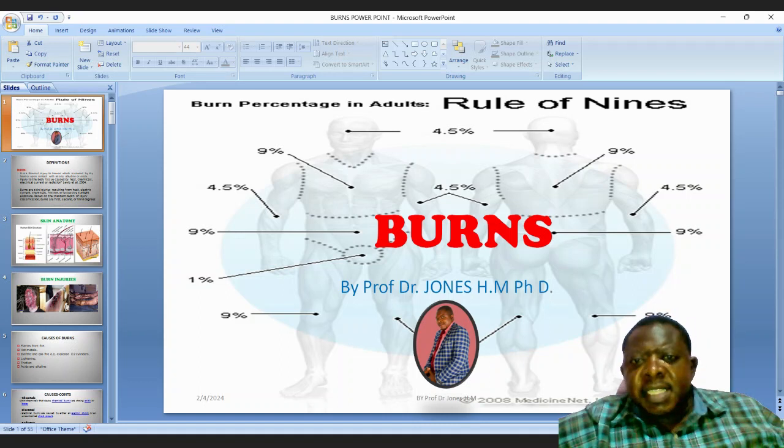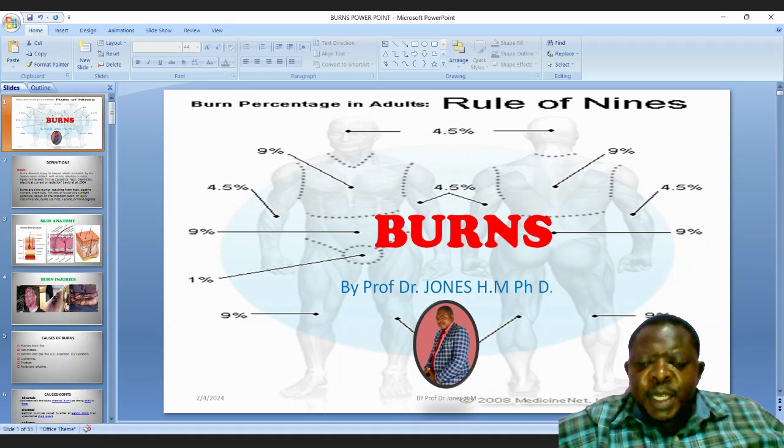The specific objective of this lesson is for you to know the definition of burns, the skin anatomy in relation to burns, and the classification of burns, for you to understand the different classifications of burns, the pathophysiology of burns, the different causes of burns, and the complications that may come because of burns.